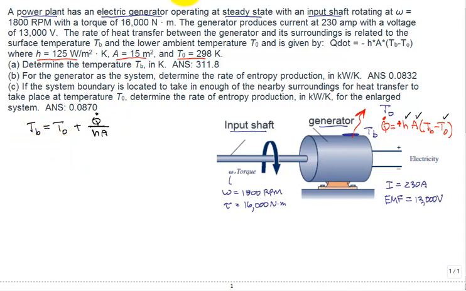We'll introduce a control volume, our system, which is just around the generator. And the boundary of our system corresponds with this TB, that temperature of the boundary of our system that's surrounding the generator. And we do a first law analysis.